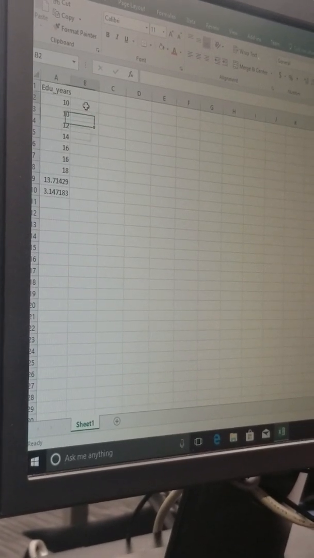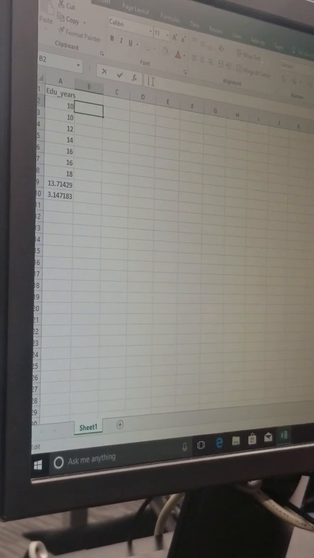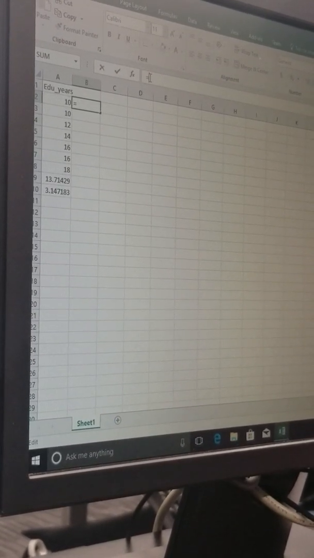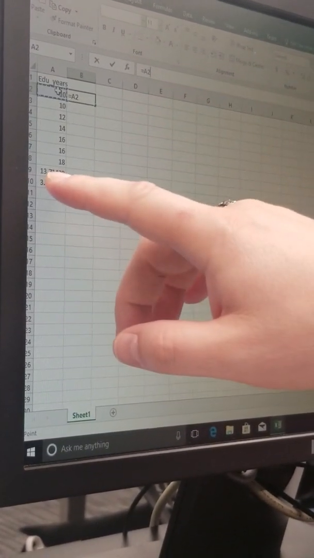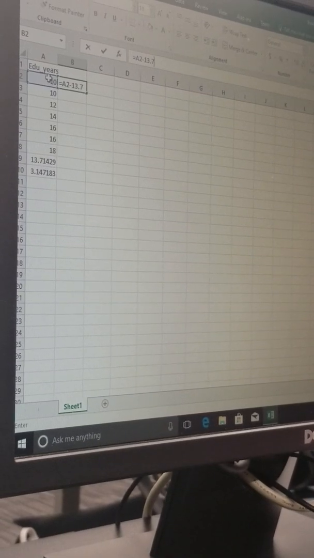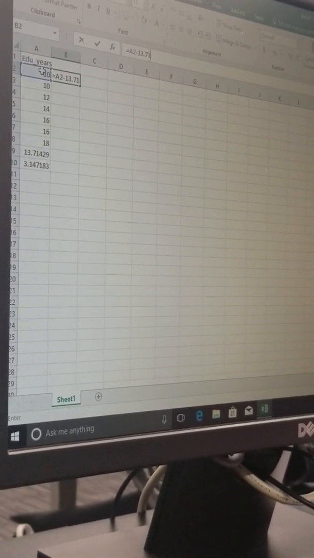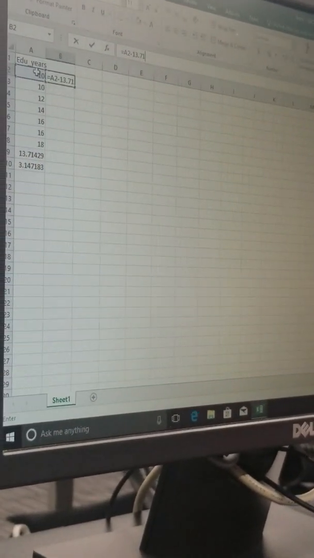Our first step here, we highlight here, equals, we want to take this value minus our mean, so that's 13.71. Make sure you type it in. Do not click on the cell, it'll screw everything up.